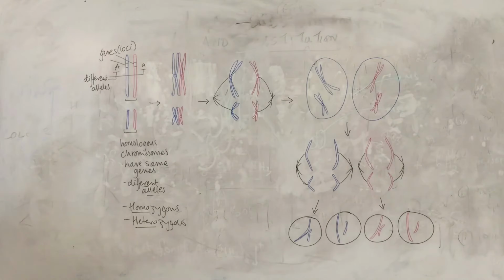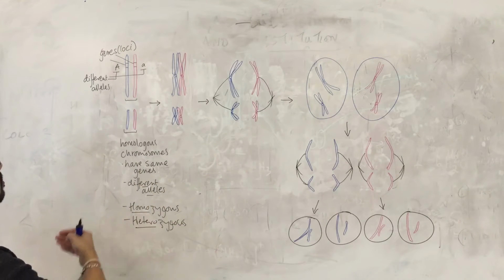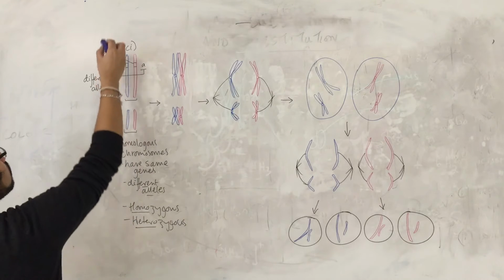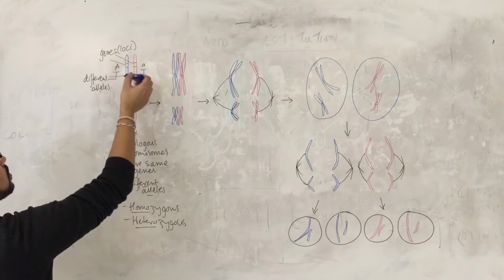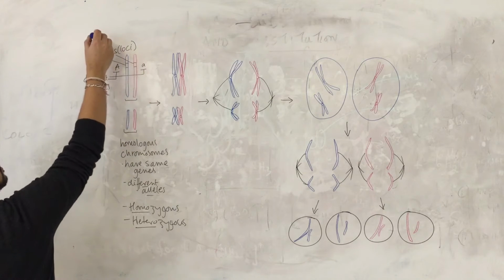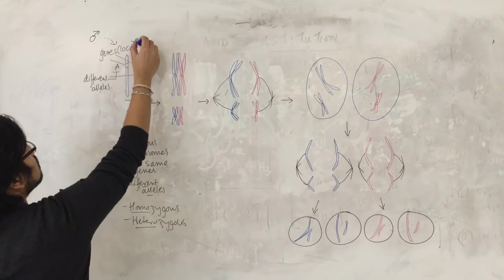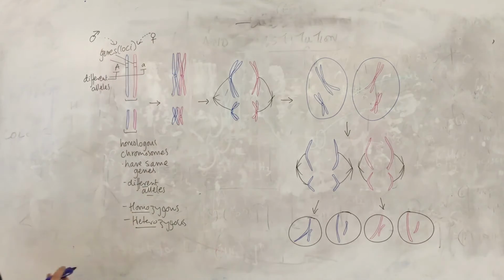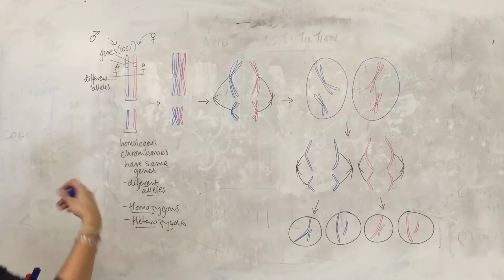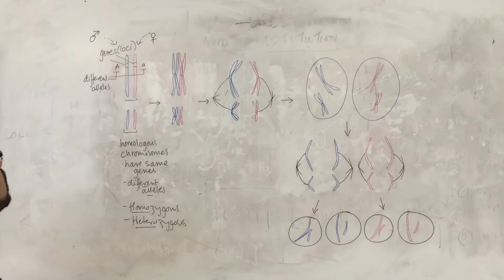So I think that gives us our bearings. Just remember, you've got two of these homologous chromosomes, and one is essentially from father's side, the other essentially from mother's side. And depending on the combination of genes, certain characteristics, certain phenotypes will develop.